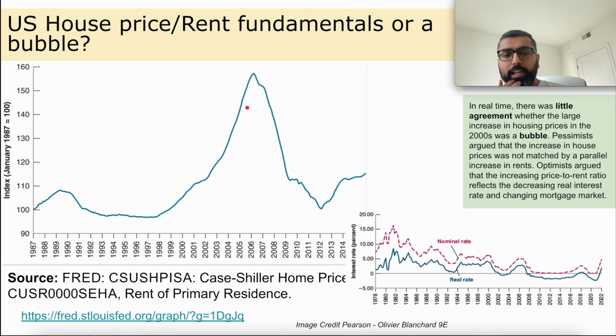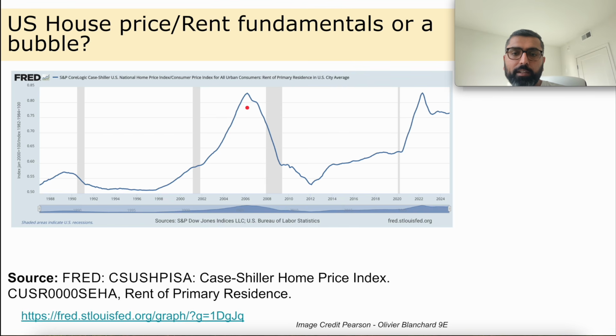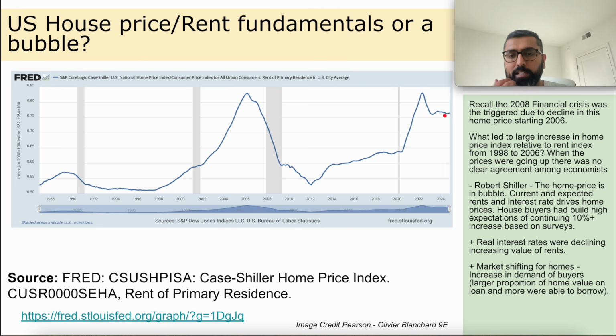So when bubbles get formed, in retrospect, it was clearly a bubble. But even now, if you see today's prices, it's actually gone up to those 2006 levels and slightly corrected as of now.